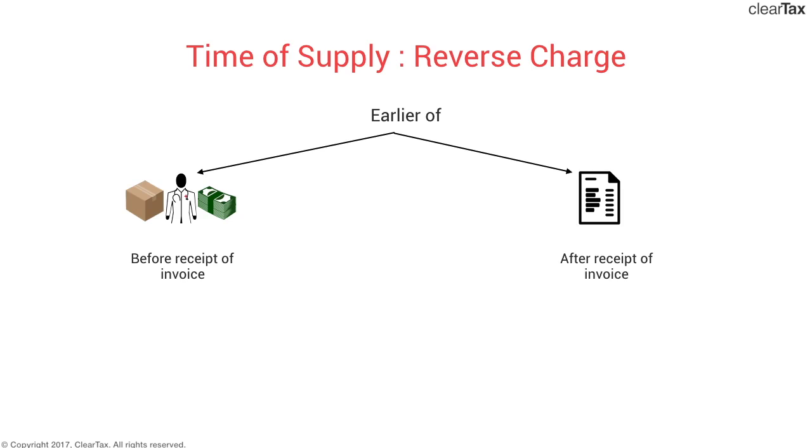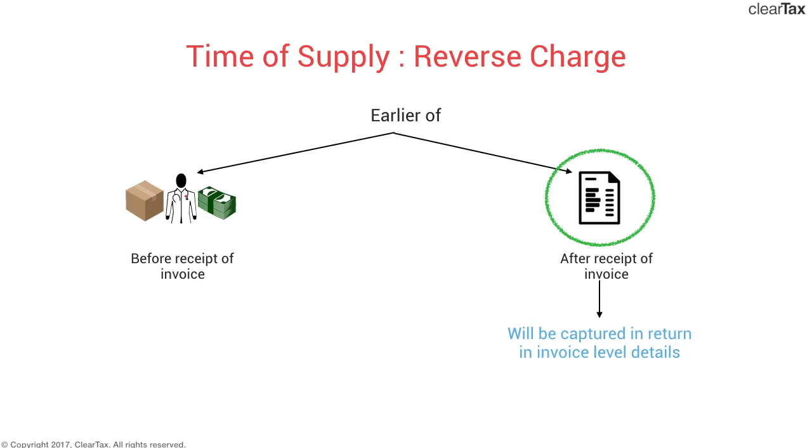The invoice is issued by the supplier. So in case of recipient, you'll have to see when does he receive the invoice, before receipt of invoice or after receipt of invoice. If the time of supply falls after receipt of invoice, then the details will be automatically captured in the invoice level, transaction level details, which are auto-populated from GSTR 1.